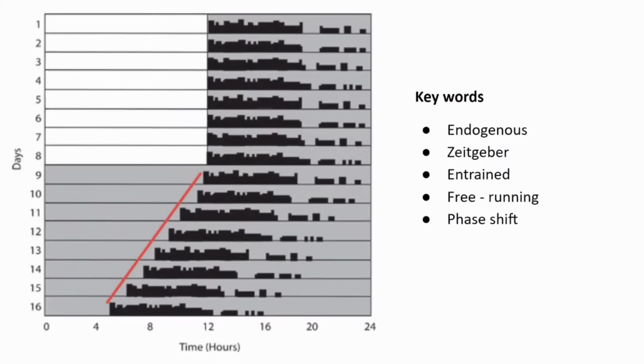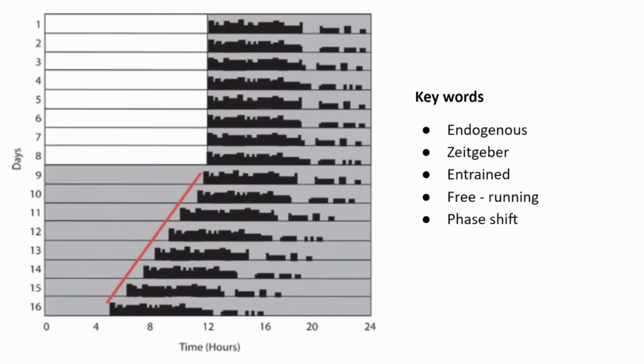Now we want to have a look at, well, what actually happens when we start to manipulate the conditions that our animal is in. Does this rhythm change at all? So what they did from day 8 onwards is they kept the animal in constant darkness. So they took away that environmental cue, and they measured, well, does the animal still follow a similar pattern?